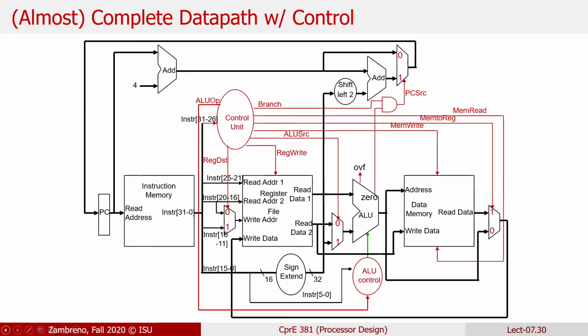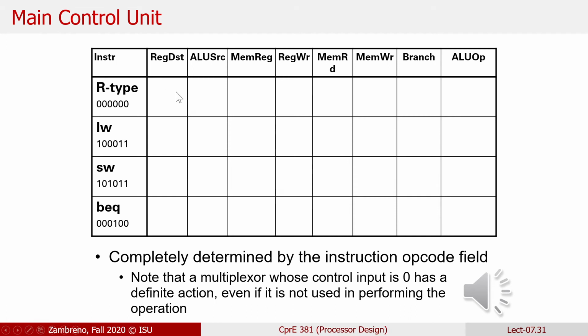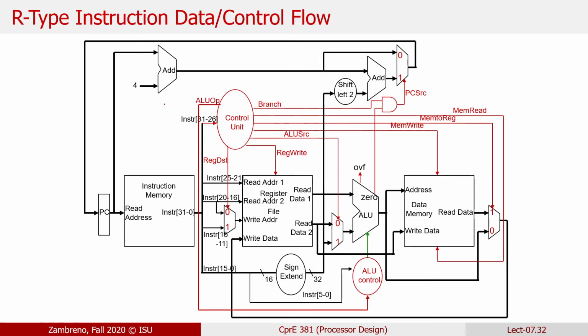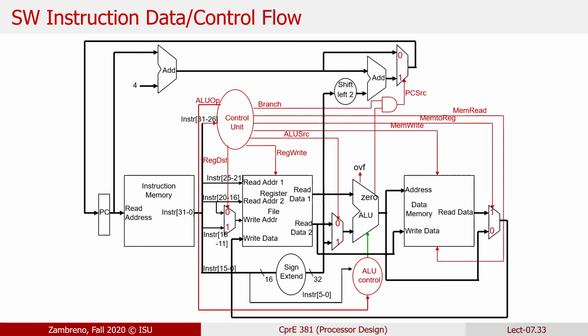That is, are we taking the RT information as our write address, or are we taking our RD field encoded in our instruction as our write address for our register file? And you would just have to look at the green card to confirm, or look at Mars encoding of instructions to confirm. That looks great. That would be a 1 for that one. Let's go back here.